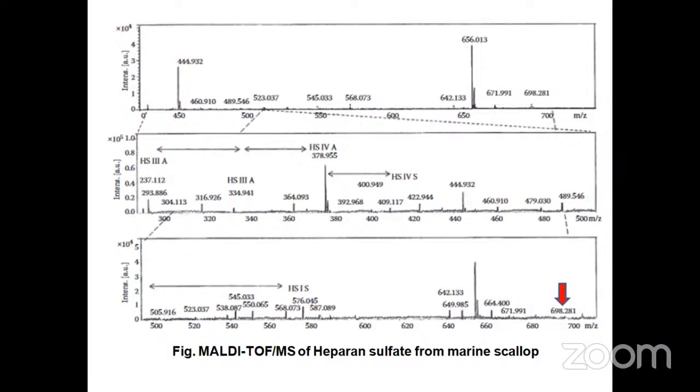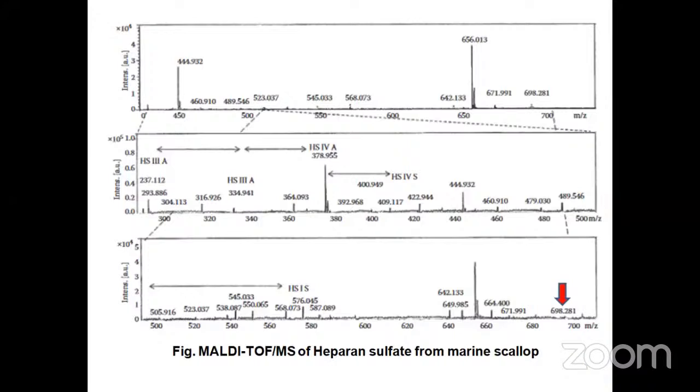This has not been reported earlier, and this is the lowest molecular weight of heparan sulfate, which is not seen in porcine as well as bovine sources. I told you I would come to the clinical usage of heparan sulfate in the discussion: if the molecular weight of the heparan sulfate is high, it has high anticoagulant activity, and if it is low, it has less anticoagulant activity. This depends upon the sulfate position of the heparan sulfate.